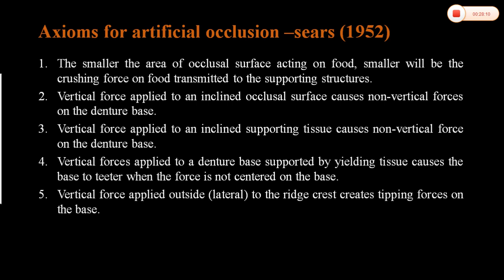So if you set your artificial teeth in the denture base either on the retromolar pad or on the tuberosity of the maxilla, they will be on an inclined surface. So forces on the inclined occlusal surface cause non-vertical forces. So never set your teeth on any inclined surfaces such as the retromolar pad or the tuberosity.